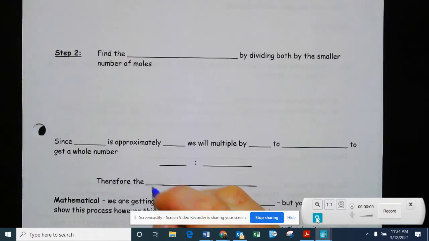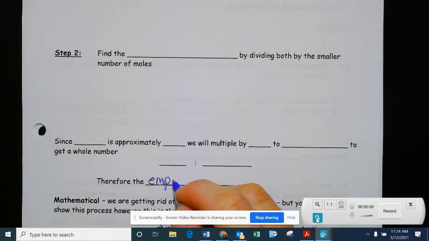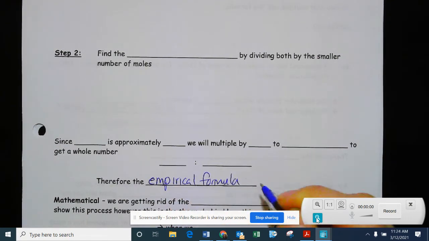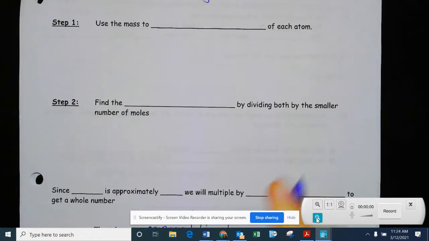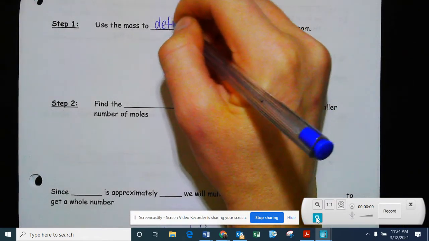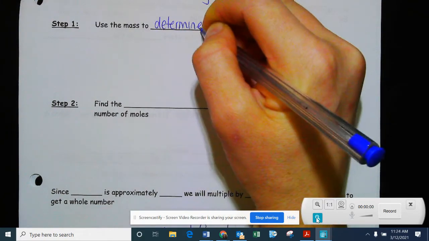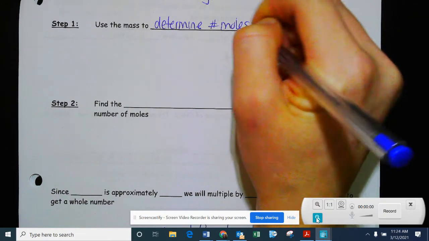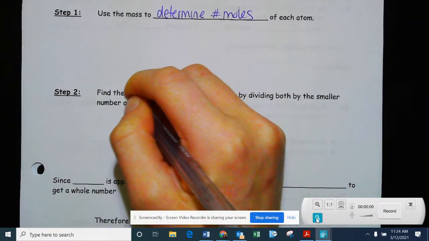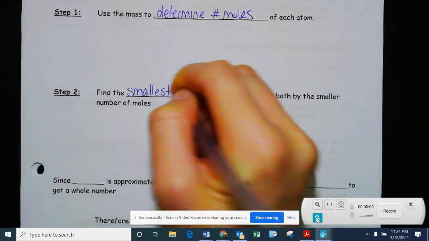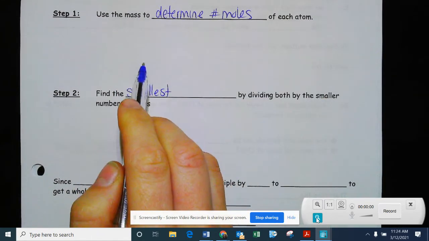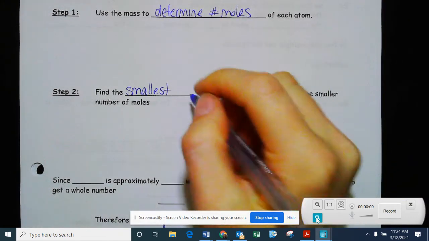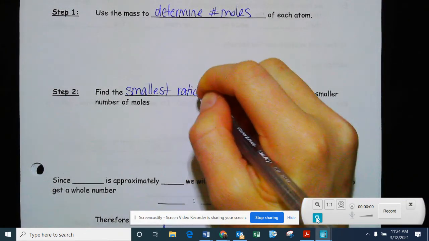What I want you to get to is the empirical formula. Or do you guys want to do this one step at a time? Okay, so do step 1, then we'll make sure that you're right, and then we'll do step 2. So do step 1.